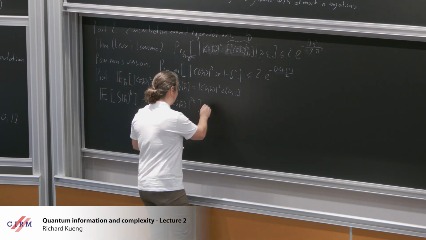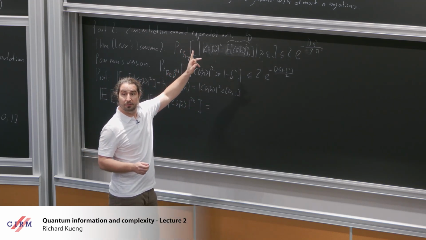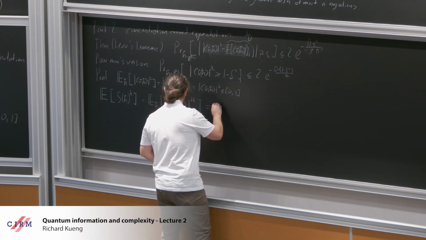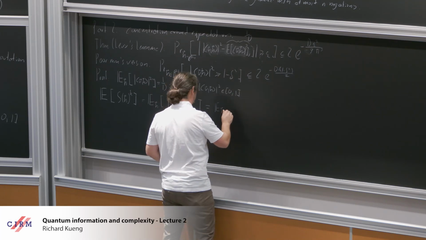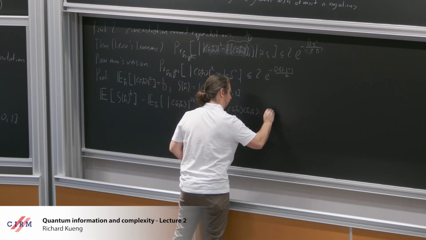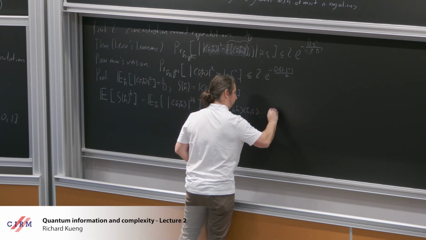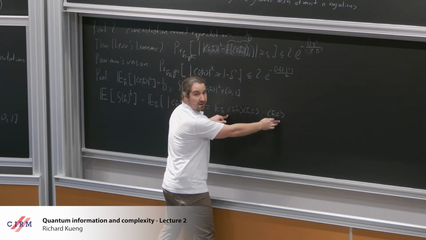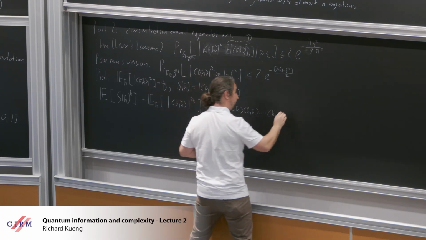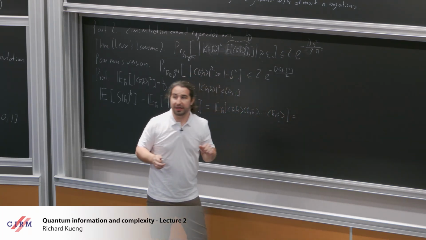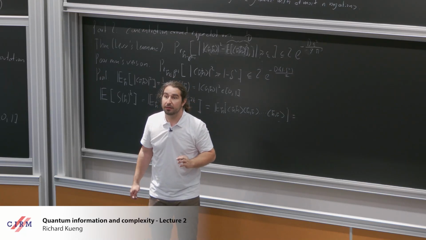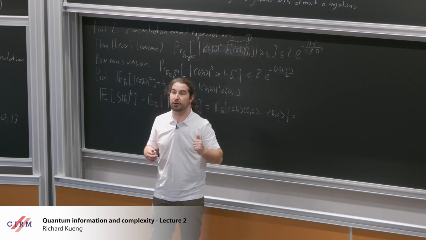Okay? I now do exactly the same trick I did before, but with higher powers. I can rewrite this as, and now it gets a bit funky, a product of 2k of these terms. So it's kind of like a homogeneous polynomial with the expectation value. And then, now I have to be a bit quick, but there's a 1-to-1 correspondence between homogeneous polynomials of degree k and Kronecker products of kth order.